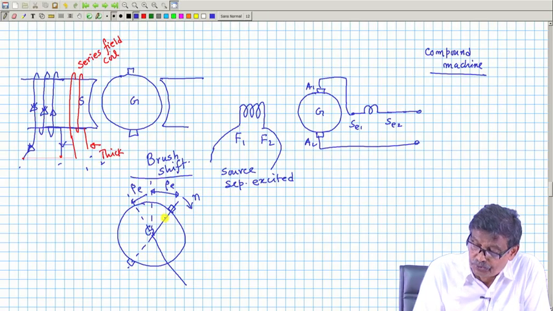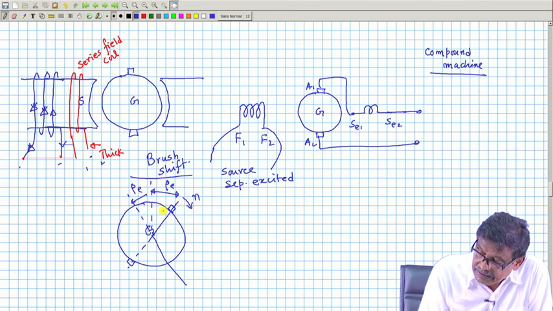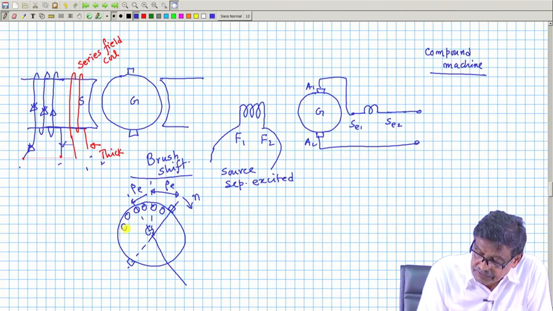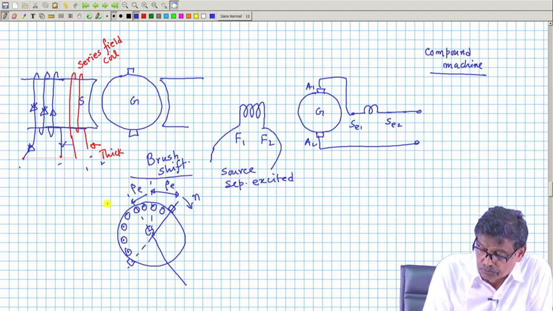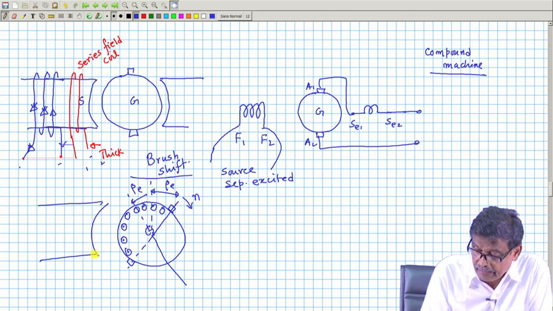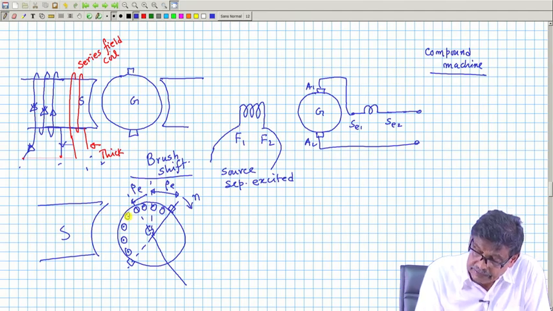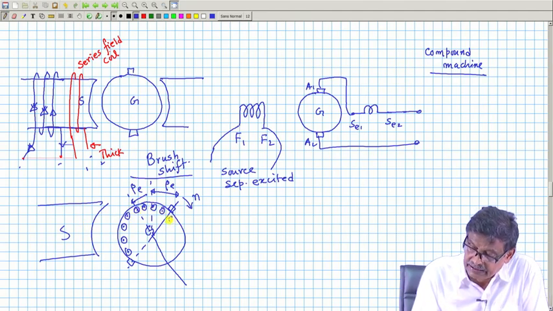The moment you do it, the current distribution of the armature, if you look at it, all this becomes dot. I am always talking in terms of this being the south pole, and this dot will continue up to this, and these are cross, up to this.